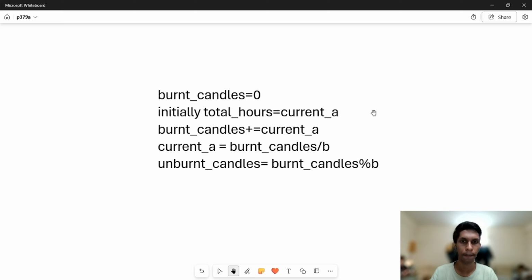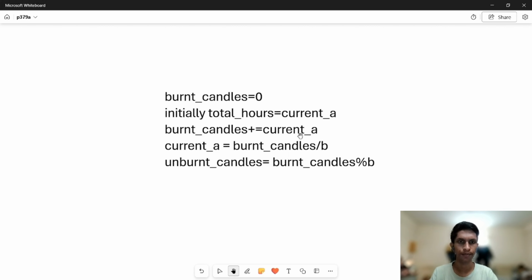So whatever value A has, initially the total hours that the candles will burn will be equal to the current value of A. After we have burnt all the current A candles, they are converted into burnt candles. So burnt candles will be the current value of A.